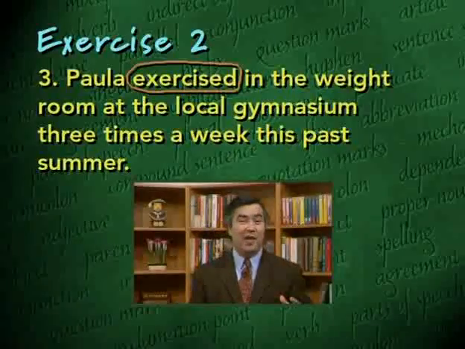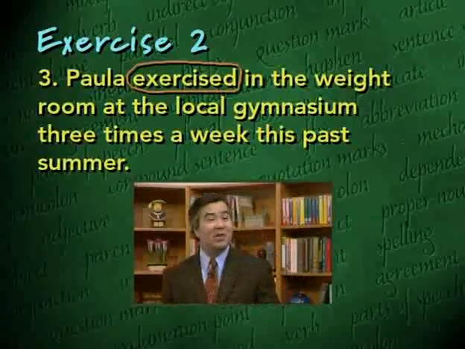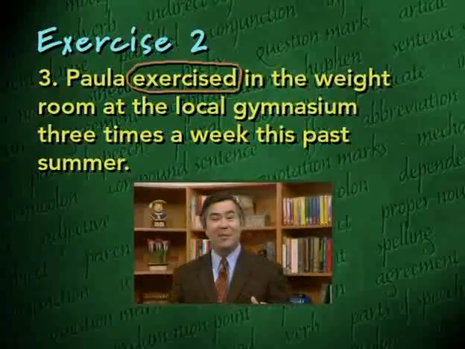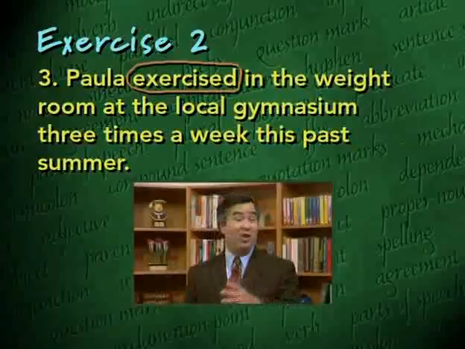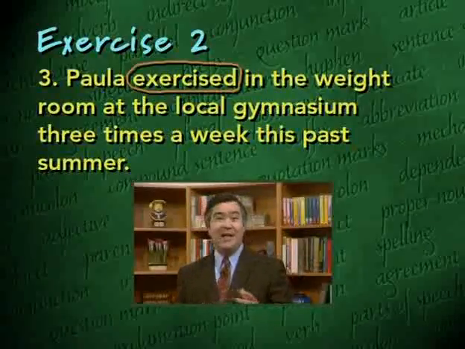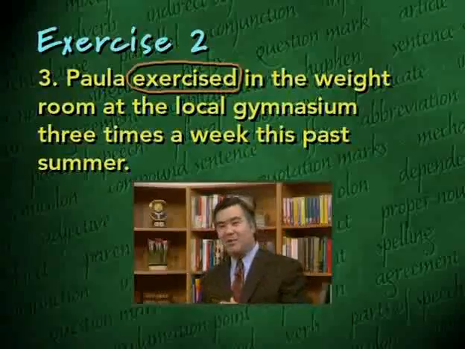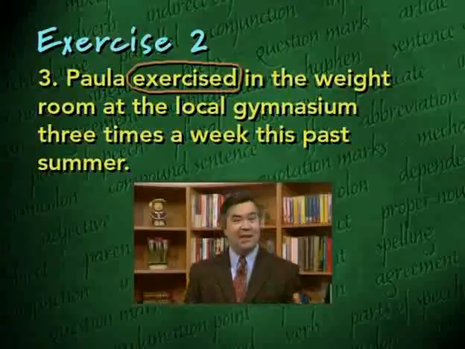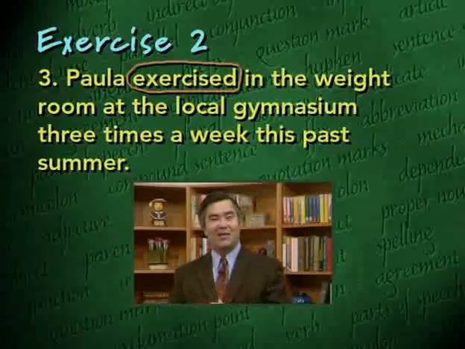Or Paula exercised whom? Well, the answer is there is no word that answers that question. We're not told, for example, that Paula exercised her dog or Paula exercised her rights. Either of those might be the direct object of the verb exercised, but we're not told that at all. Paula exercised, and the action ends with the word exercised.